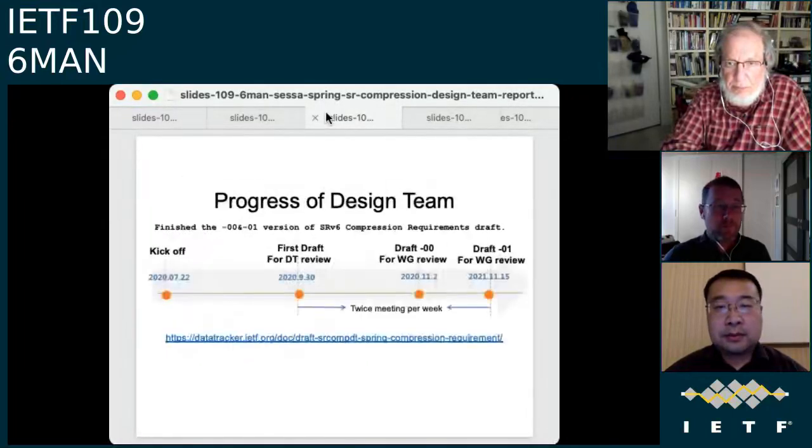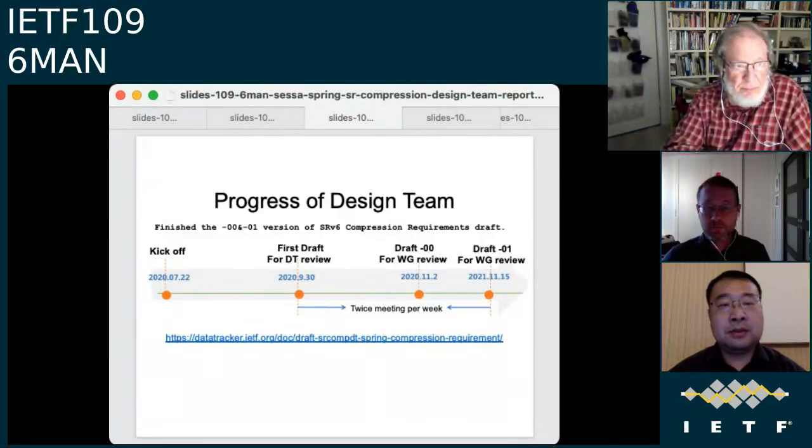Next page. Oh, there we are. Sorry. The process of the design team so far is good. I think we have achieved what we promised till now.